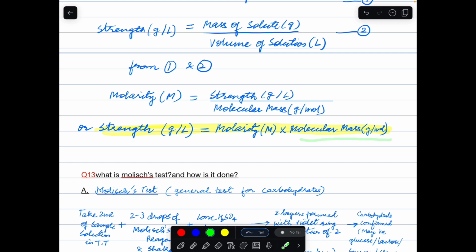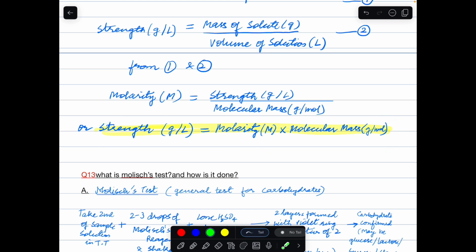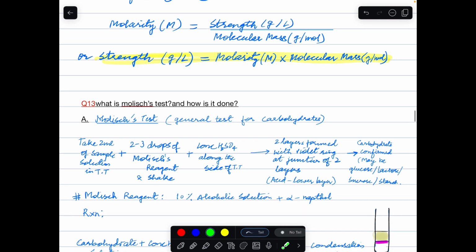So simply, if we multiply molarity by the molecular mass of the substance, we will get the strength of that particular solution. And in the lab, whatever solutions you are using, mostly their molarities or normalities are given. So in that case, you have to use molecular mass to find out the strength.